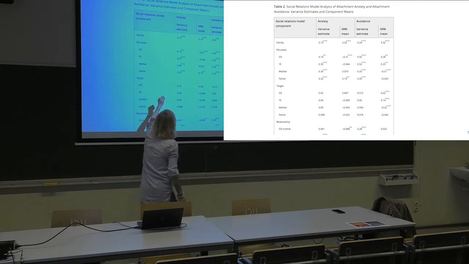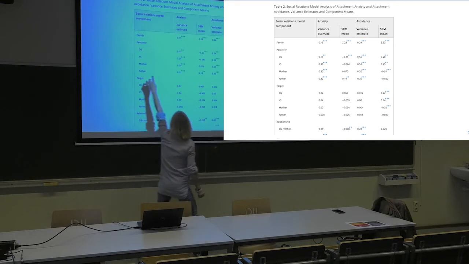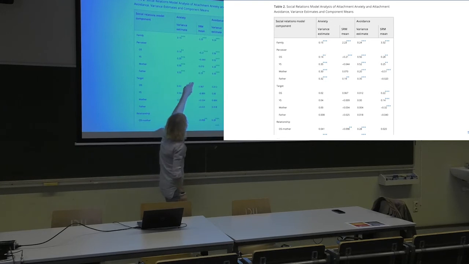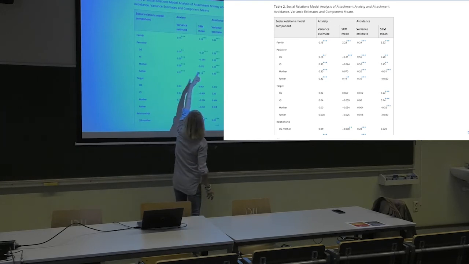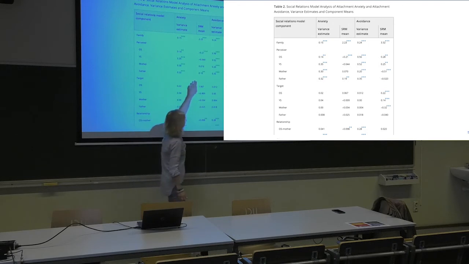If you see the means, you have 4 means here for the perceivers, and if you add them, you have 0. So it's within the family. From all the perceiver effects, you see that there is a negative perceiver effect for the older sibling, and almost nothing for the younger sibling and the mother, and there is something for the father.